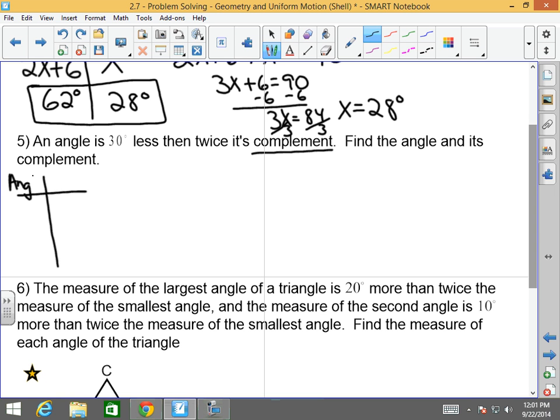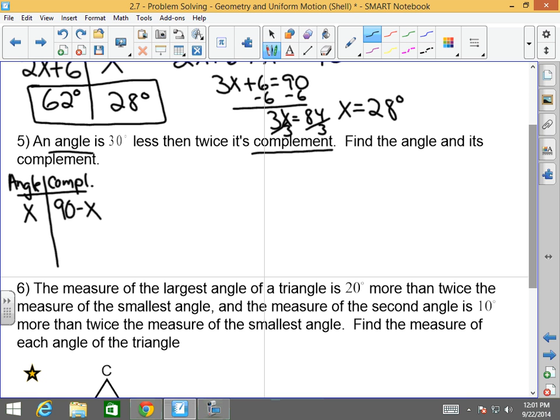The angle will always be x. The complement will always be 90 minus x. If they had said supplement, then it's 180 minus x. So now let's just read.